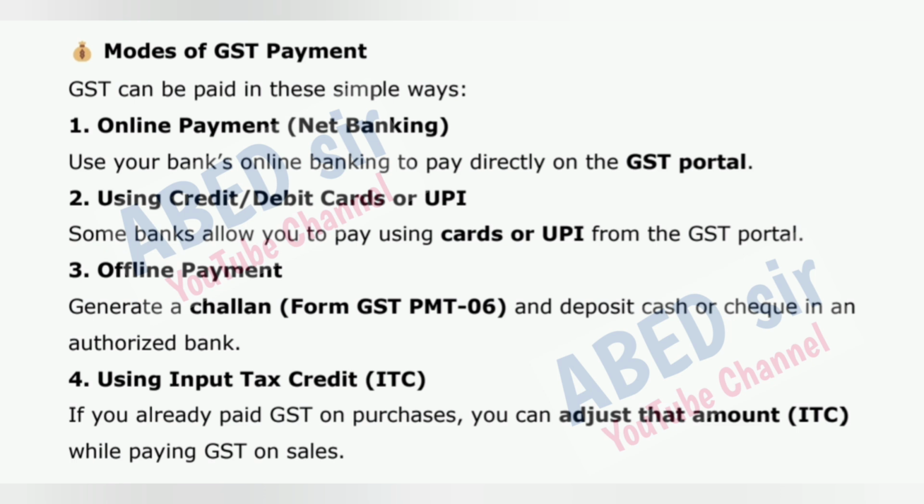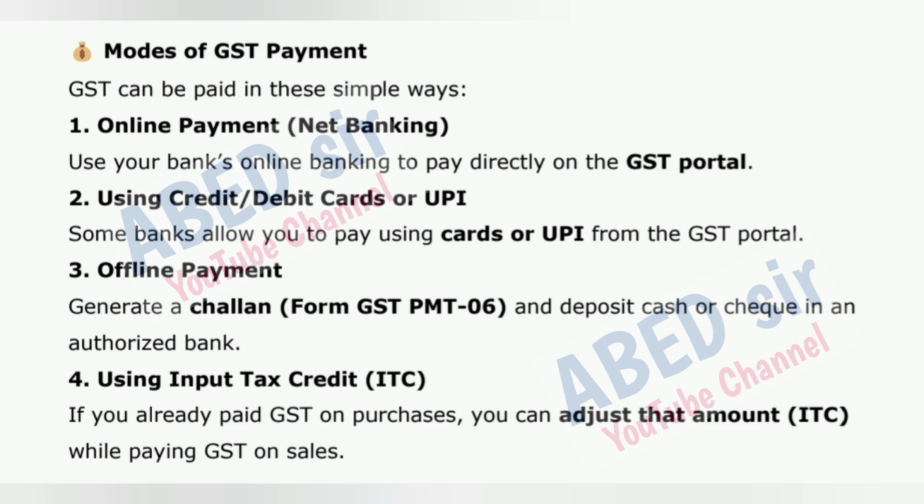Modes of GST payment. GST can be paid in these simple ways. 1. Online payment, net banking. Use your bank's online banking to pay directly on the GST portal. 2. Using credit or debit cards or UPI. Some banks allow you to pay using cards or UPI from the GST portal. 3.